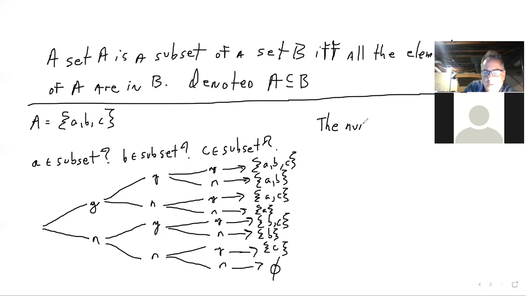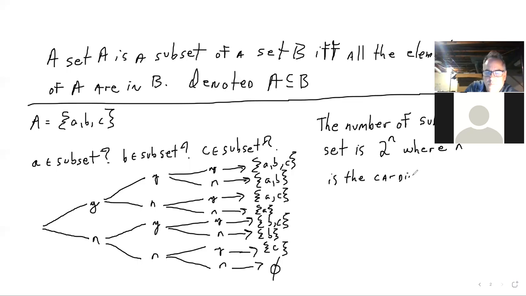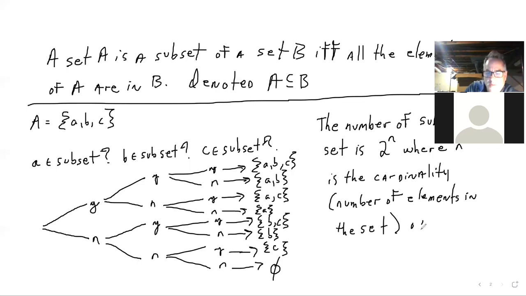So the number of subsets to a set is 2 to the power of n, where n is the cardinality, which is simply, again, just reviewing, the number of elements in the set.